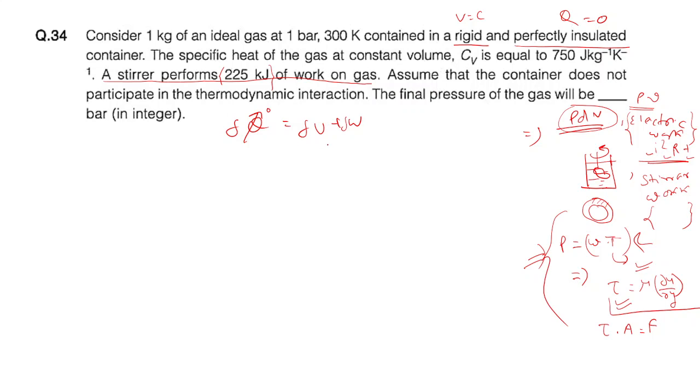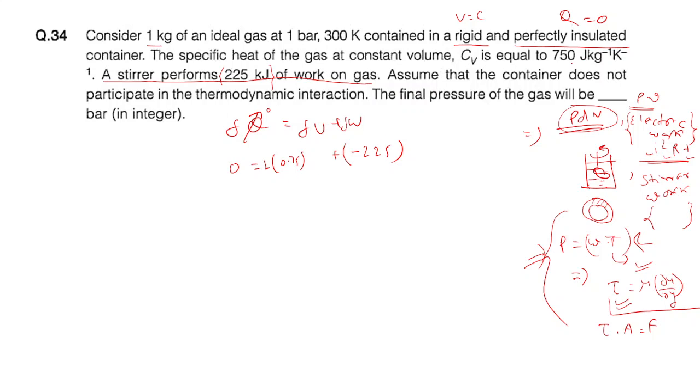Okay, sir. So the stirrer performs 225 kilojoule of work on gas. So it is the work done on the system, so it would be negative, right? 225 work done will be negative, and heat transfer is 0, and mass is already given as 1 kg, and delta u is m cv delta T. Cv is 0.75. Keep units in mind, because here we have written kilojoule, so you have to keep cv in kilojoule.